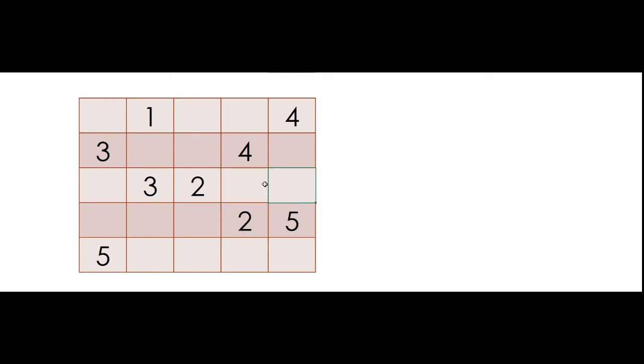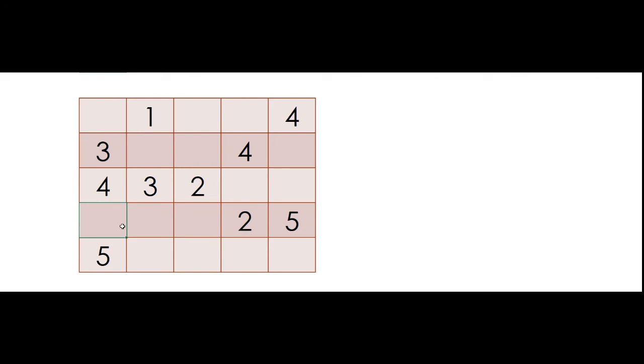But out of these three blanks, we can say that 4 can't come here. Why? Because this column already has a 4. So this cell is ruled out. Similarly, this cell can also be ruled out because this column already has a 4. So what is the only place left for 4? It's this. So here we can put our 4.